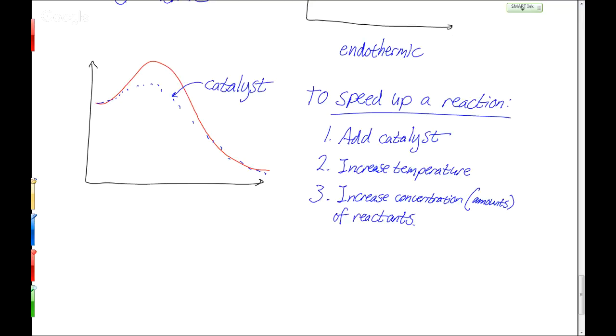And if you increase the concentration of reactants, that's also going to do the same thing. If there's more there, they're more likely to contact each other at just the right spot. And so that works also. If we think about gases, something like increasing pressure can do that as well. By increasing the collisions between the reactants, you can cause the reaction to go faster, increase the rate.